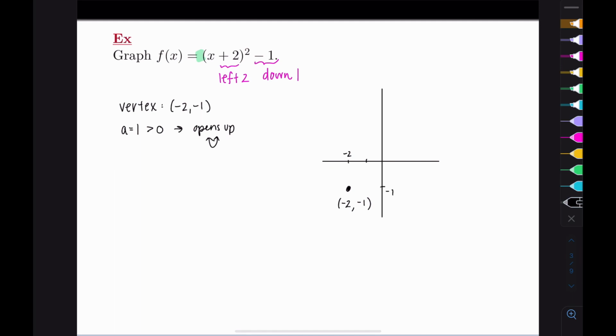So it has the shape of this form. Just a rough sketch of our picture: we know our parabola opens up, and we know it goes through (-2, -1). This would be a decent graph of our function f of x. And then just for completeness' sake, this is going to be the line that it's symmetric about. So x equals -2 is the axis of symmetry.